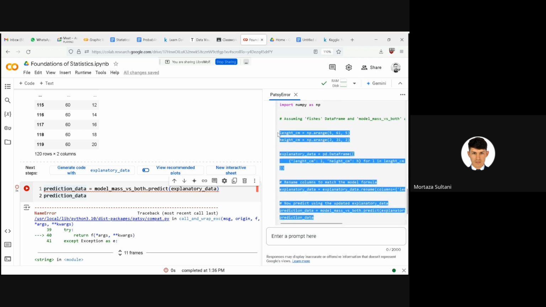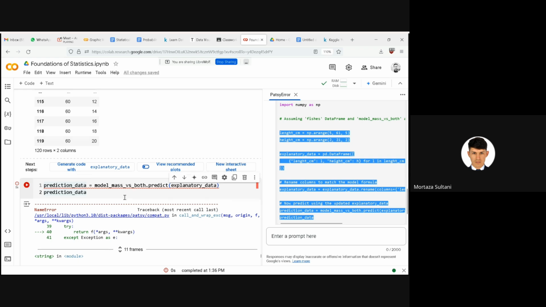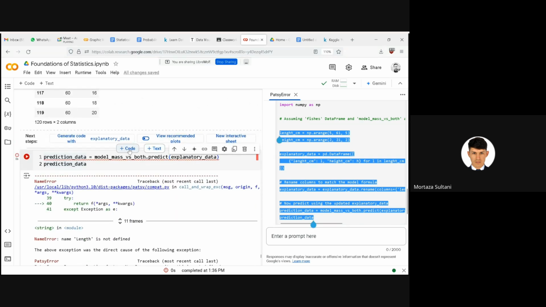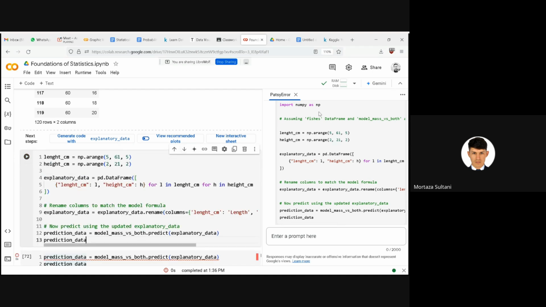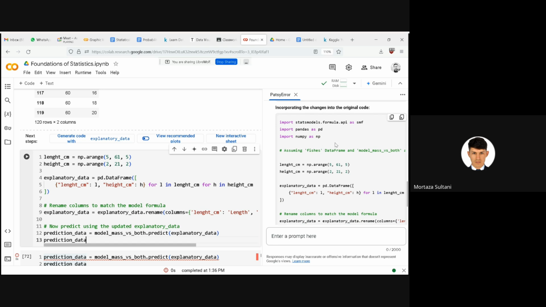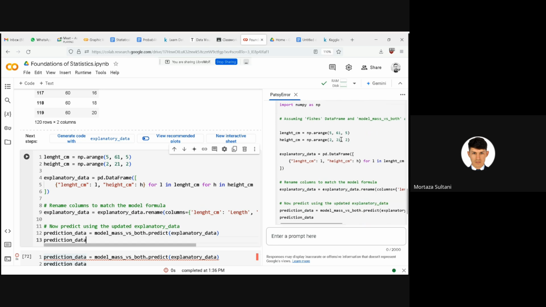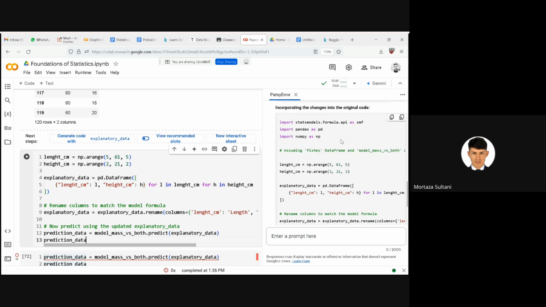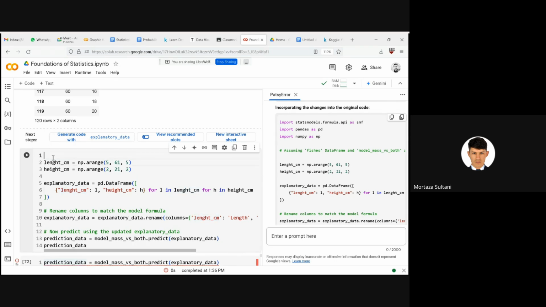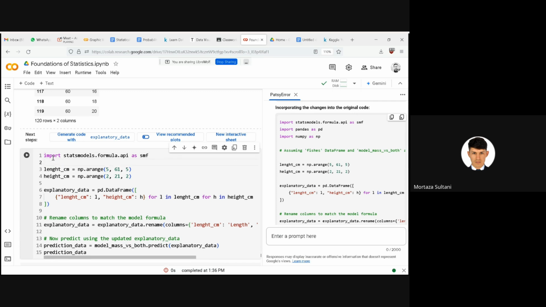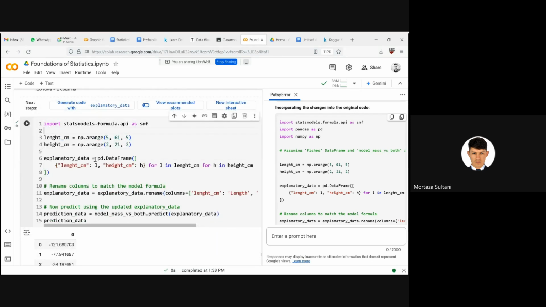Okay, we will check this one. One more thing: we didn't import the SMF model all the time.